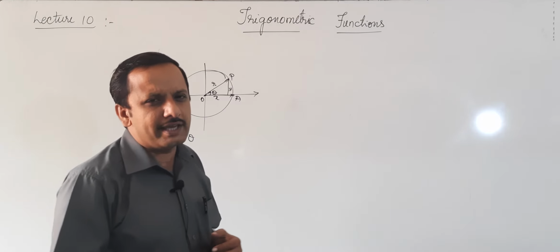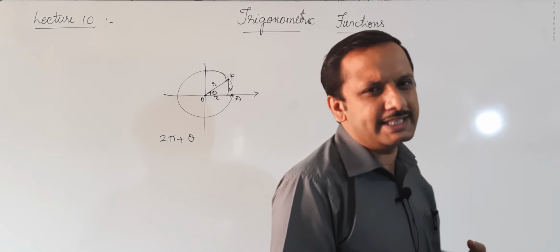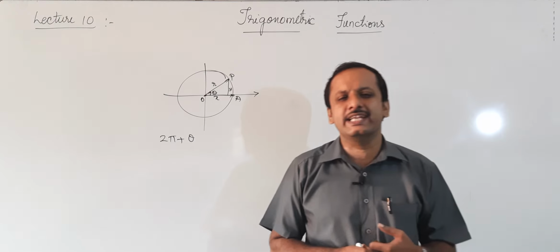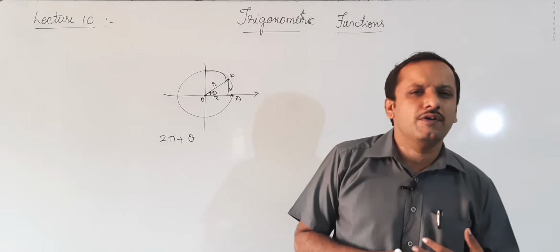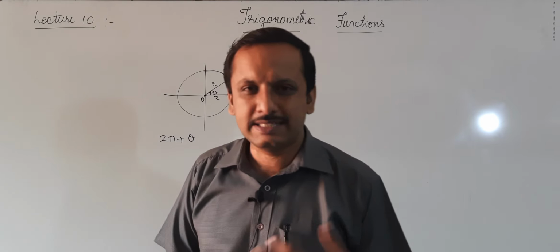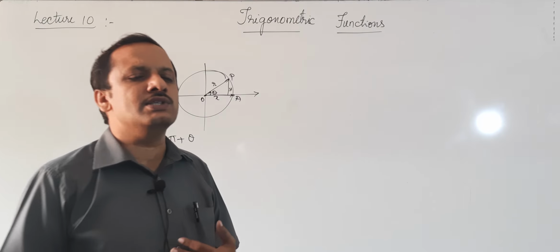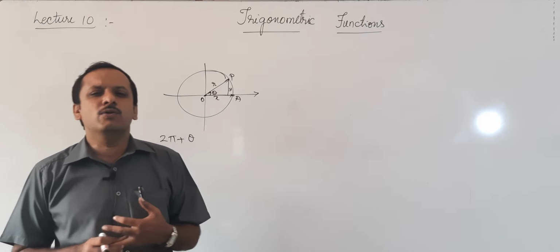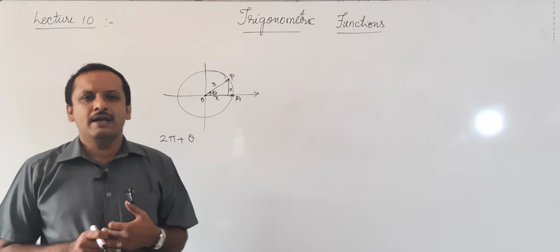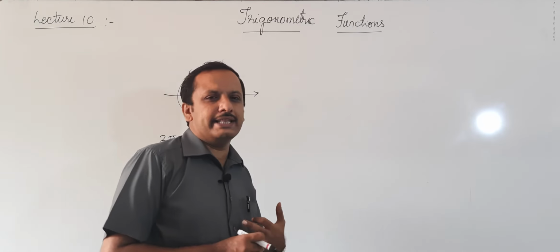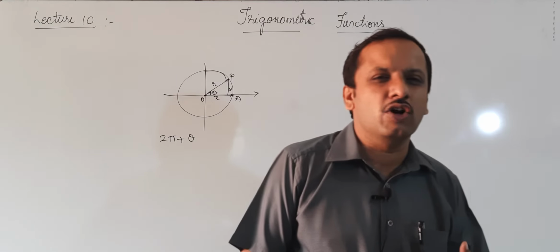For a given angle, you keep on adding 360 degrees or subtracting 360 degrees, there is no change in the value, right? Same thing here. In terms of radians, for any given angle, you add 2 pi as many times as you wish. There is no change in the value of that trigonometric function.